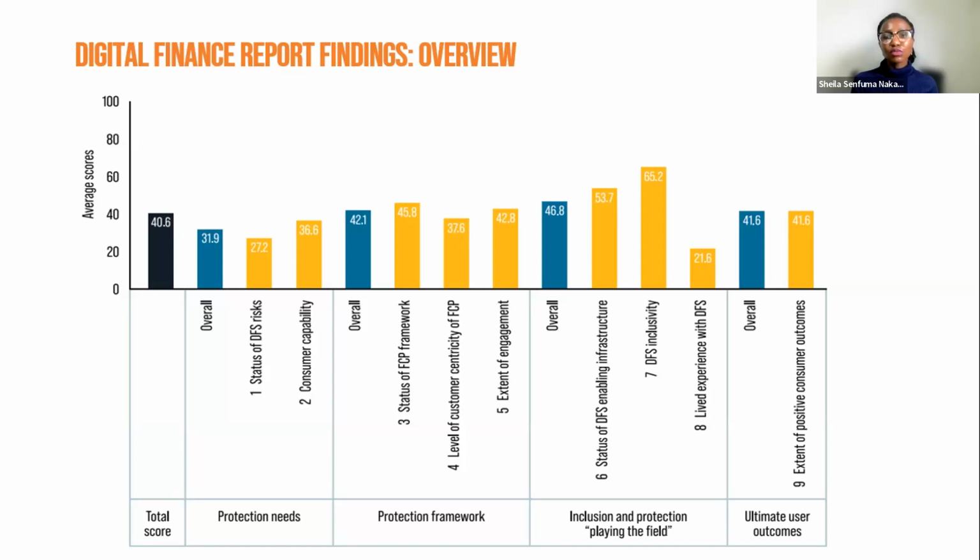But when you look beyond access, to the extent to which the quality of the services that consumers are getting, or how this affects their overall experience, the score on that was low at just 41.6, meaning that much as we've made some strides in terms of access, in terms of infrastructure, there is still more need for us to do a bigger role in terms of ensuring the quality of services consumers are getting is good, and most importantly, that we are including all different categories of consumers.